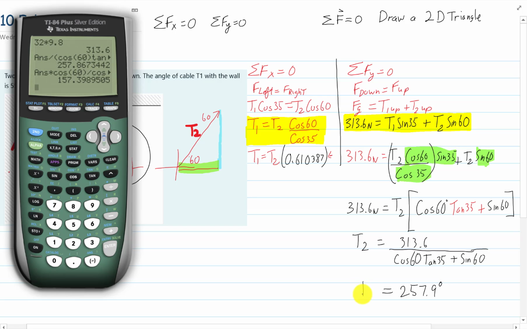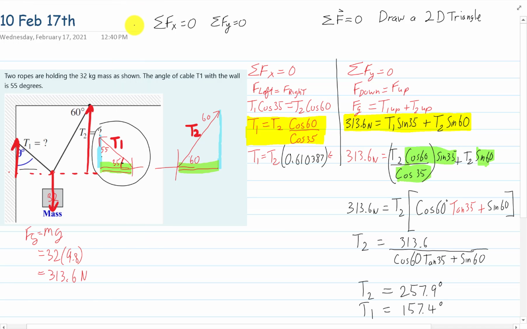So this is T2, and T1 in a few seconds drops out as 157.4. Okay. So 257.9 and 157.4. There we go.